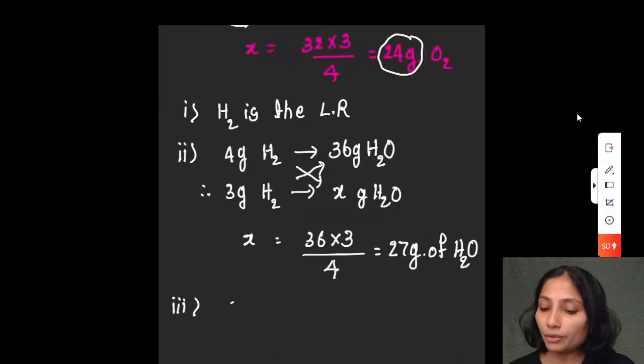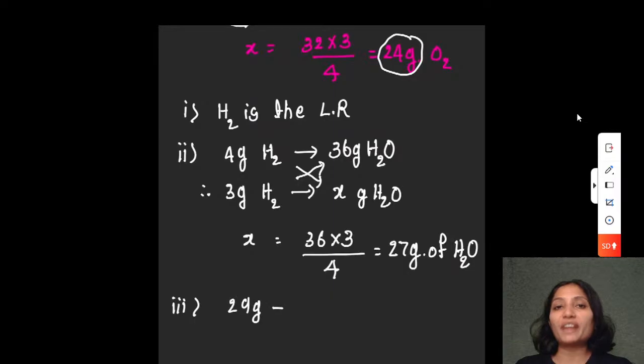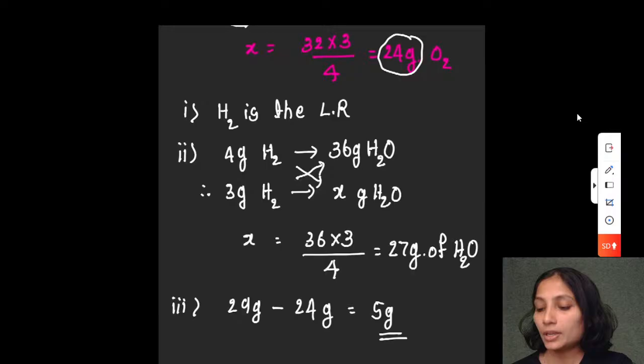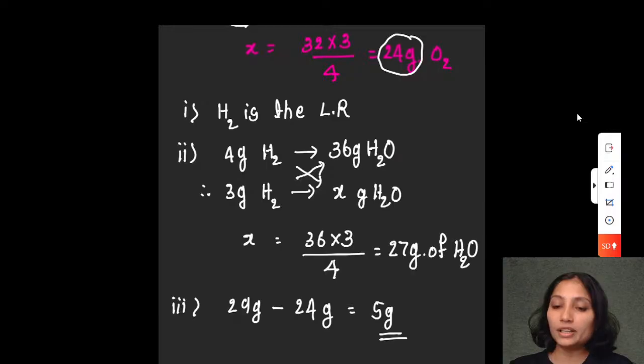Total I have 29 gram of oxygen, minus the reacted amount of 24 gram, which is equal to 5 gram. This much remains unreacted. This is how you will solve questions based on the limiting reagent.